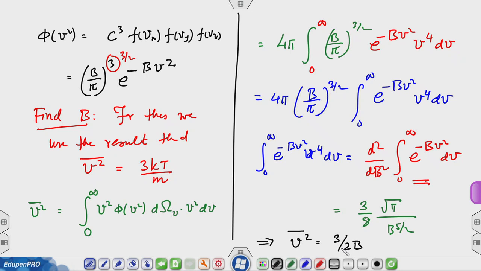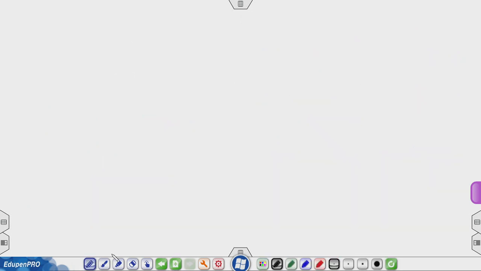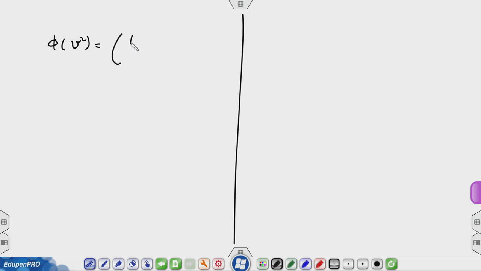So by constructing this distribution function demanding different physical properties, what we have obtained is that phi(v square) is equal to b over pi raised to 3 by 2 e raised to minus b v square, and we have found that v square bar is equal to 3 over 2b.